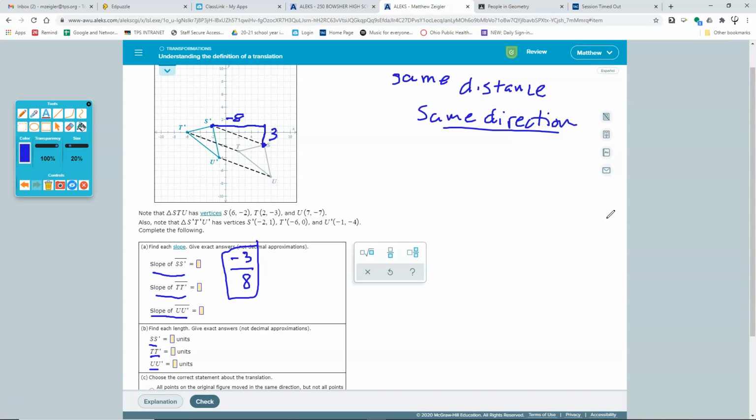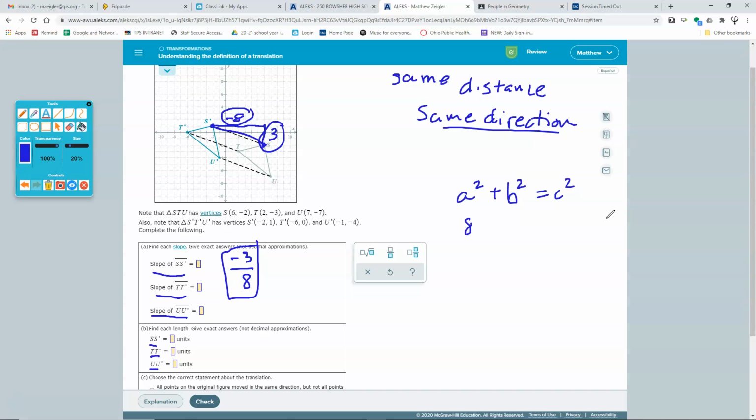Next, we want to find out how far it went. Well, that's a Pythagorean theorem problem. I could plug in all these points in a distance formula and do all these different calculations, but it's ridiculous. I'm not going to do that. So, Pythagorean theorem says a squared plus b squared equals c squared, where a and b are the legs of the triangle, so that's 8 and 3.